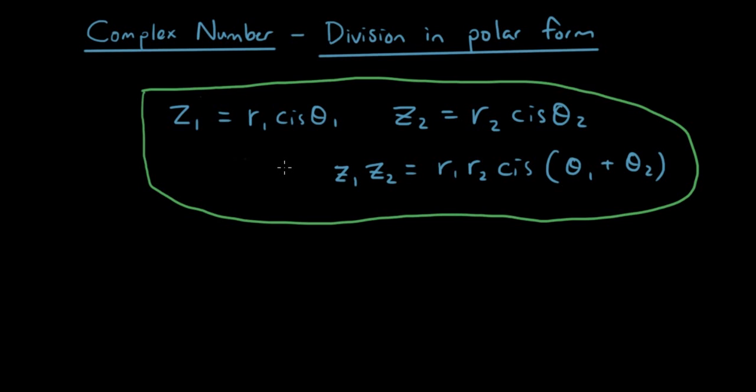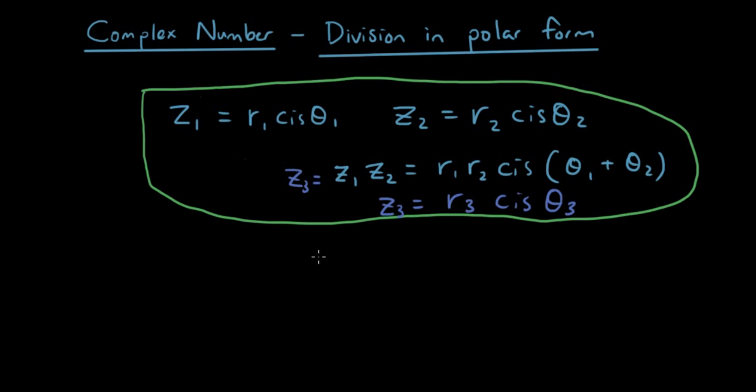Okay, so let's say we call our result Z3. And let's say that we want to go backwards to find Z1. So let's make Z3 R3 cis theta 3.